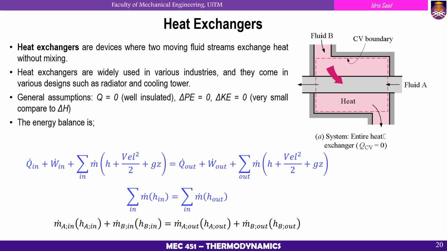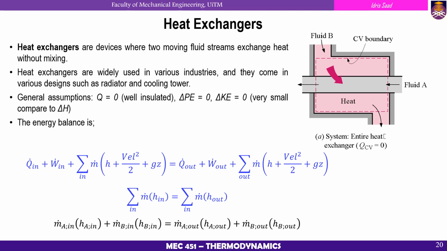Since fluid A and fluid B differ in temperature, based on the second law of thermodynamics, in natural processes the energy will flow from high to low. In this case, the higher energy in fluid A will transfer naturally into fluid B. The result is that the temperature at the exit of the heat exchanger of fluid A will be reduced and the temperature at the exit of fluid B will be increased.